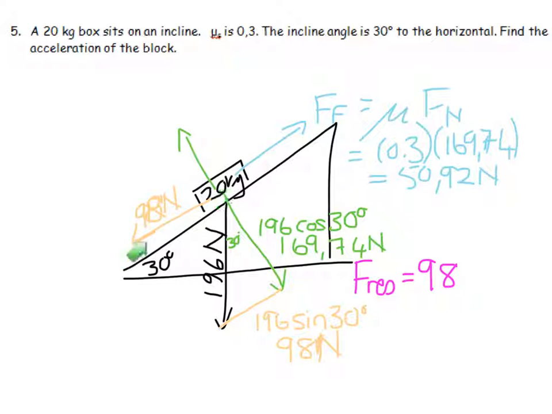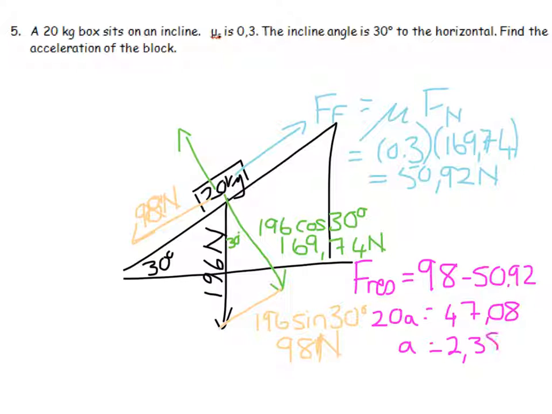Remember, I'm interested in the movement in that direction, minus the frictional force, and it's 20a is equal to 47,08. Divide through by 20, and my acceleration turns out to be 2,35 meters per second squared down the slope.